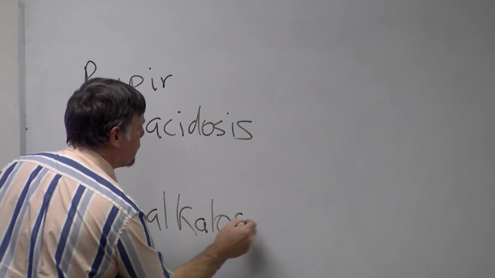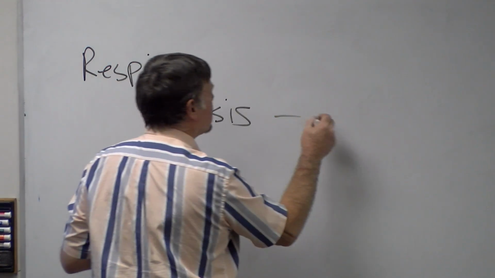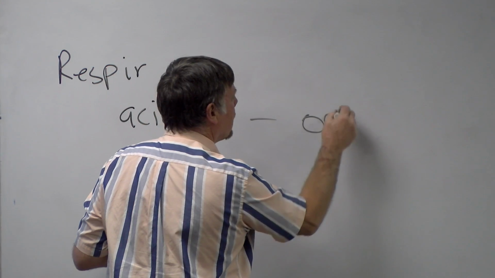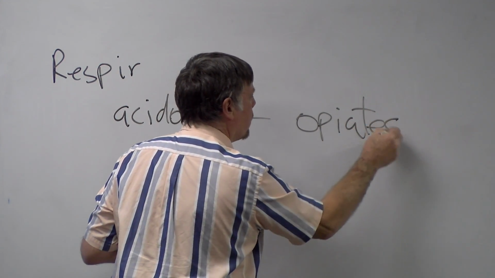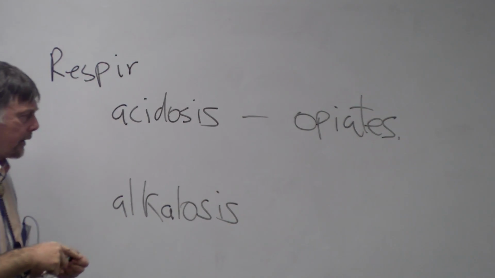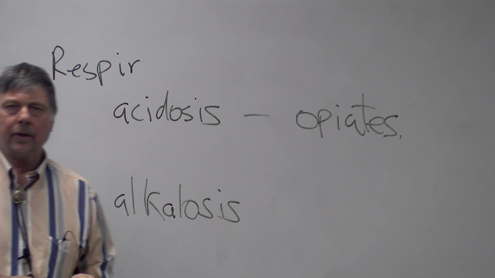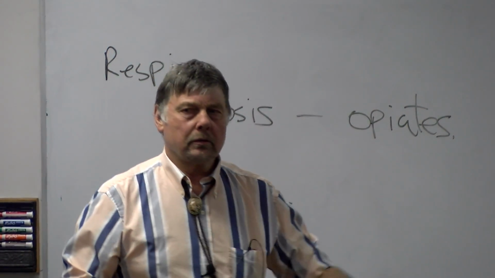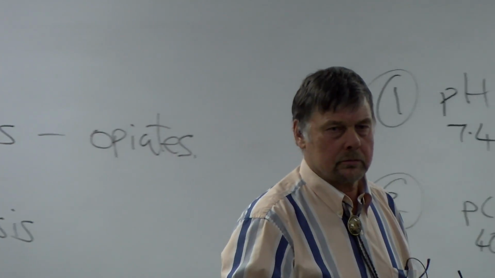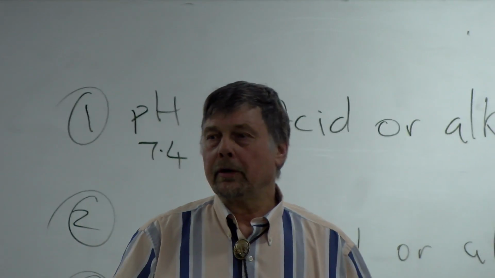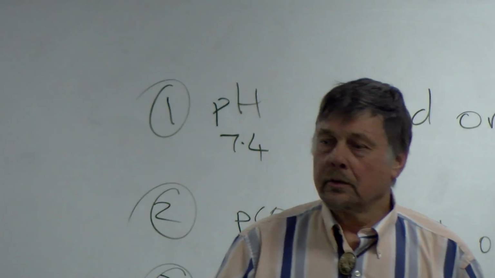Apart from the one that we mentioned, opiates, I'm not going to write any of the others on the board, but let's just play a little and see if you can come up with any other causes. Let's start with the respiratory acidosis.